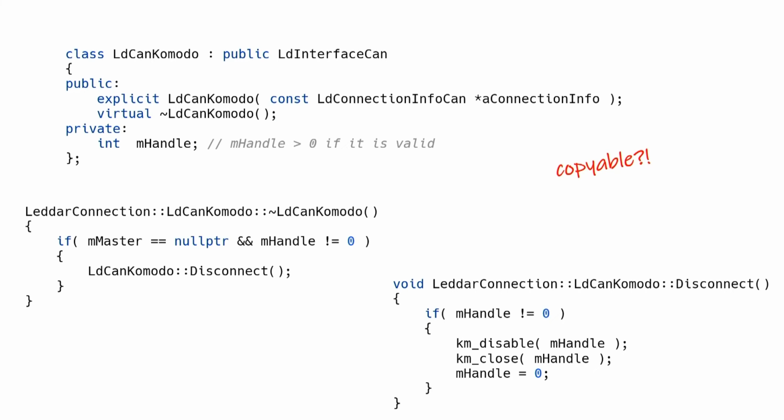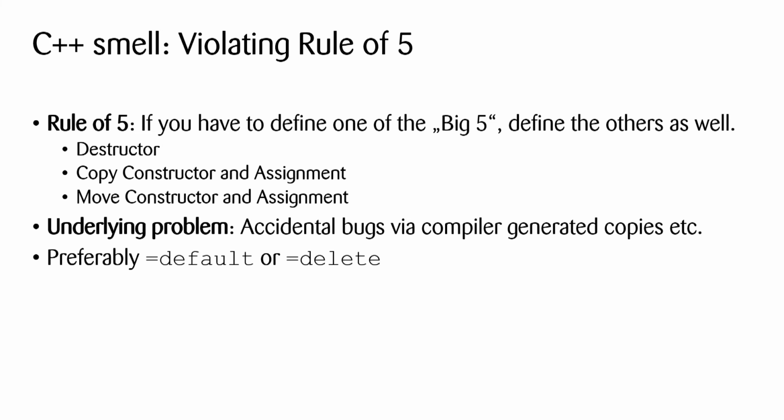So what's the actual smell here? Well, there is the rule of 5 in C++. When we write a destructor, copy constructor or copy assignment, move constructor or move assignment, we should write them all. If you have to implement the destructor and the other ones are okay as if they were done by the compiler, then we should still default them.